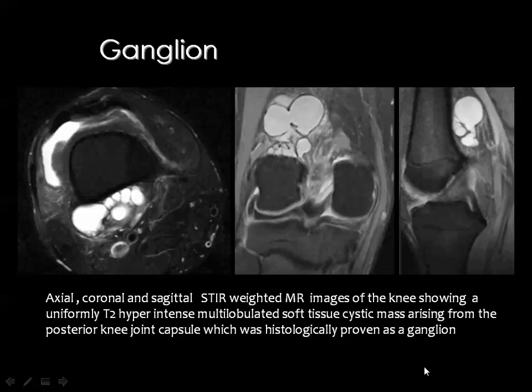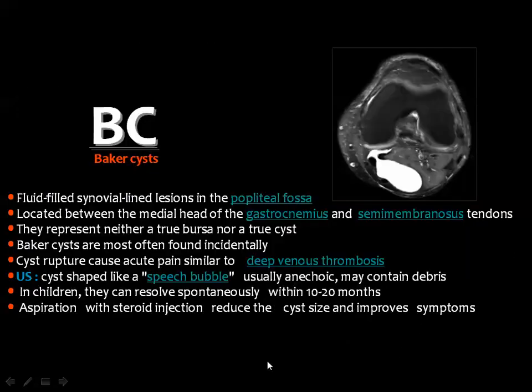And this is an example of a multilocular ganglion cyst in the back of the knee. And you see the fluid signal in these T2 weighted images in the axial, coronal, and sagittal planes.